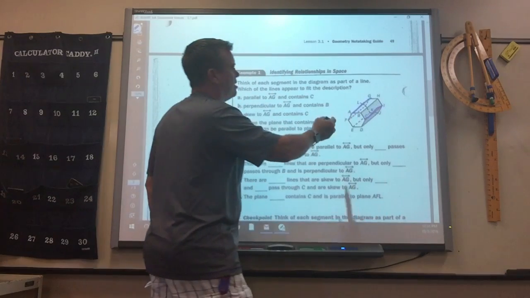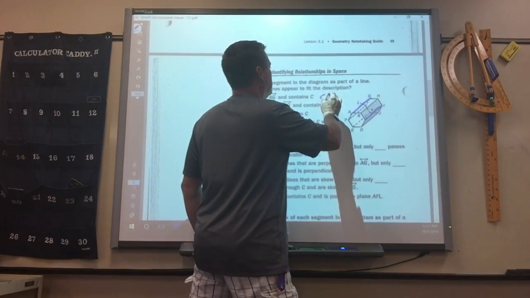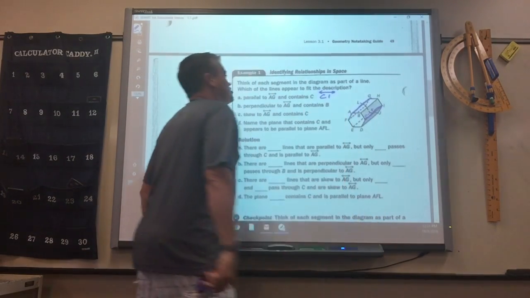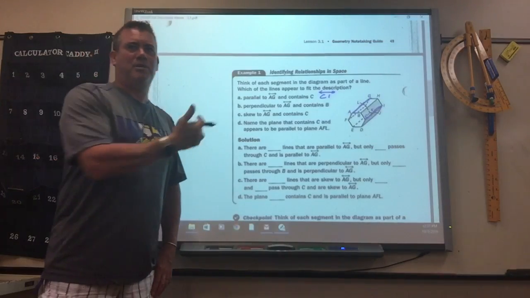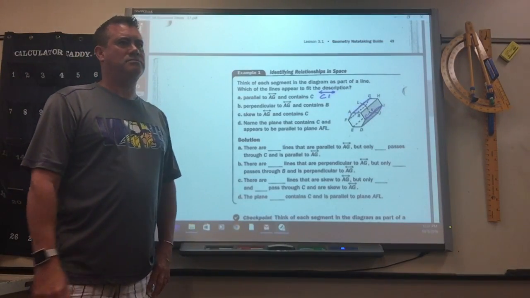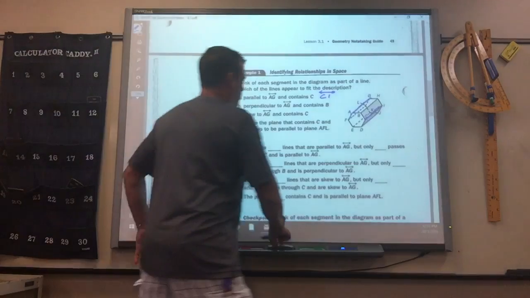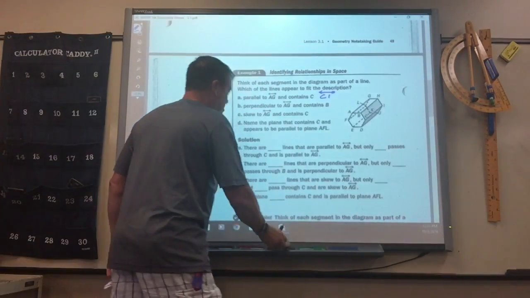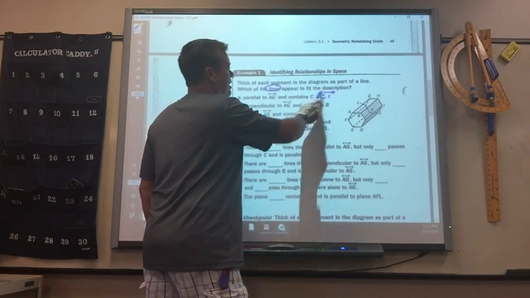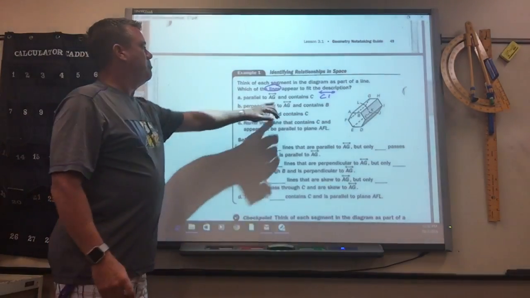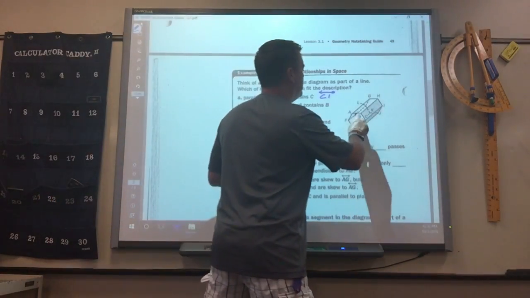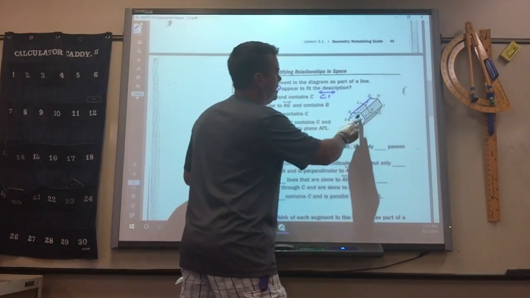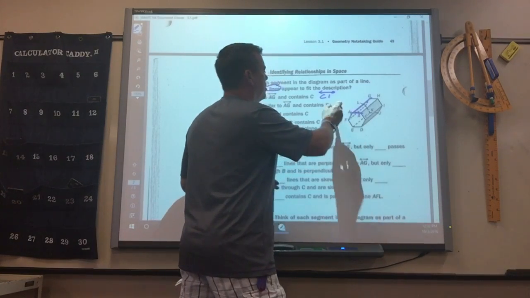So, in your assignment today, some of them are like this. You just got to answer the question. Awesome. Perpendicular, and remember, if they ask for a line, make sure you label it as a line. Perpendicular to AG, containing B. Yep, BA or AB.